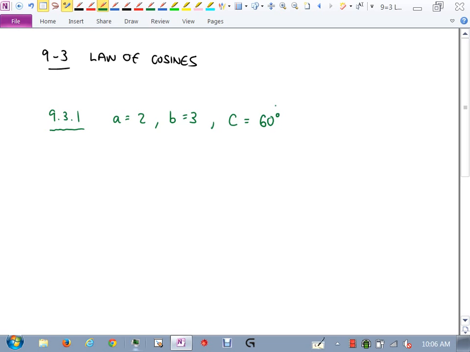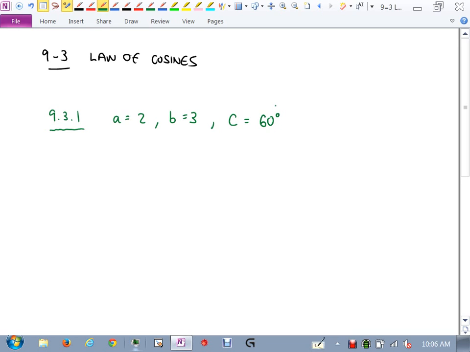Is everyone clear that you cannot use law of sines here? You cannot set it up. I don't care how you do it, right? If you need capital A, you're going to need to know everything about B or everything about C, but you don't. If you want to find capital B, you need to know everything about A or everything about C, which you don't. Understand?